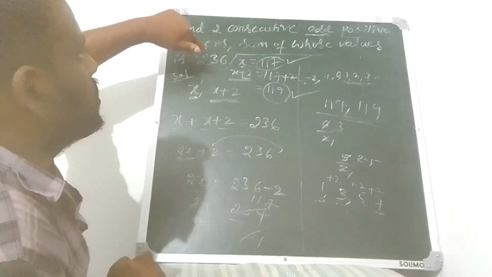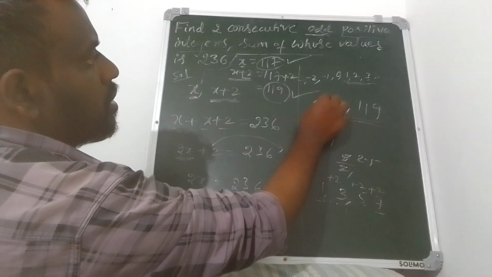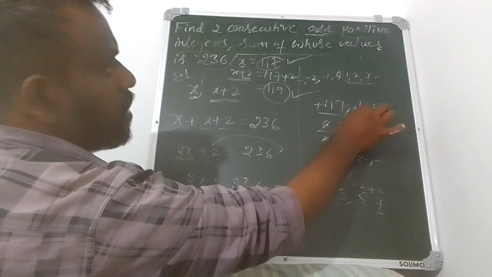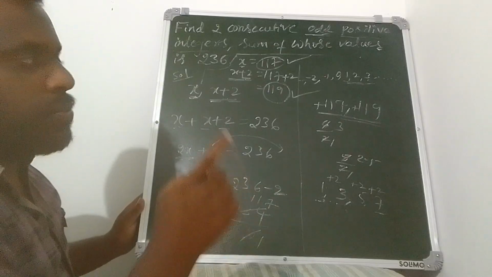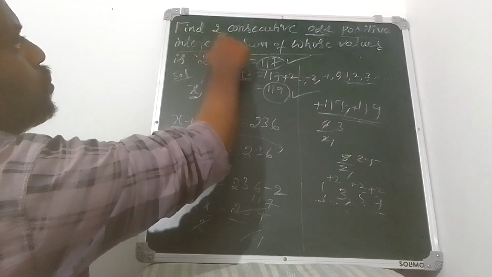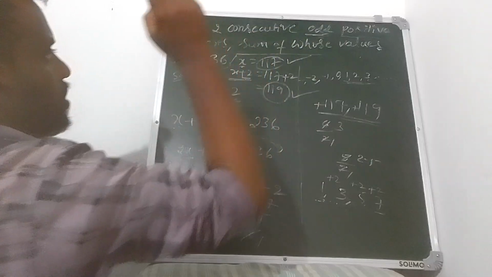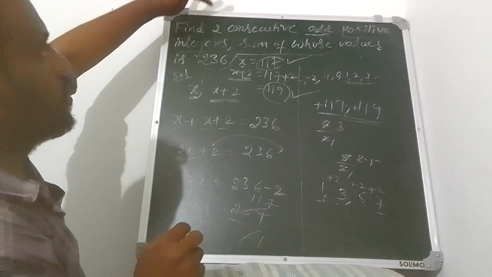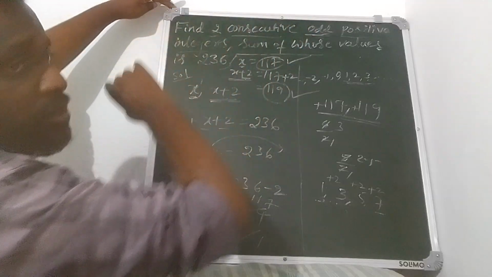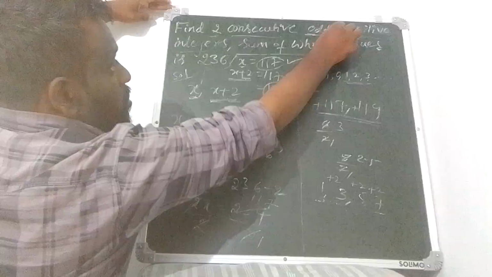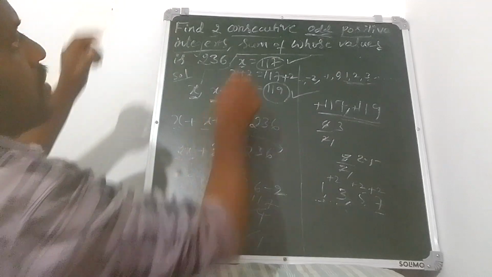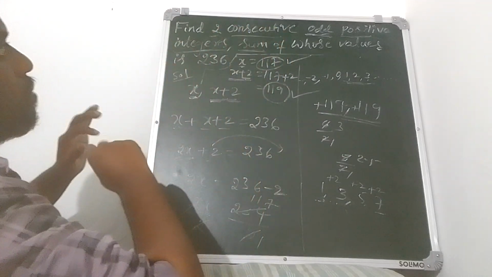Next, positive integers. See here, there is no minus sign, so 117 and 119 are positive integers. So according to the question, we got two consecutive odd positive integers. Very important: here two numbers, this is also important, we have to consider this, and this sum also.